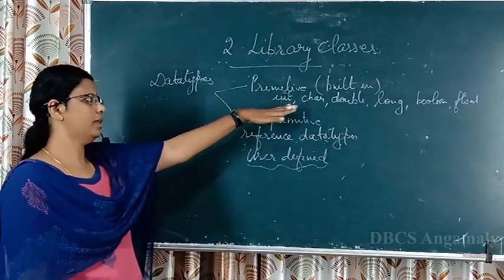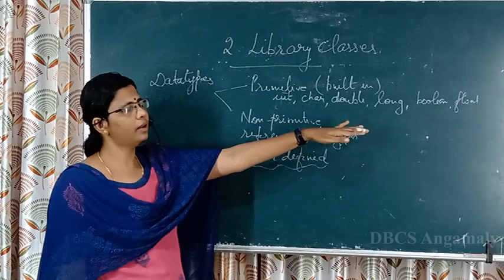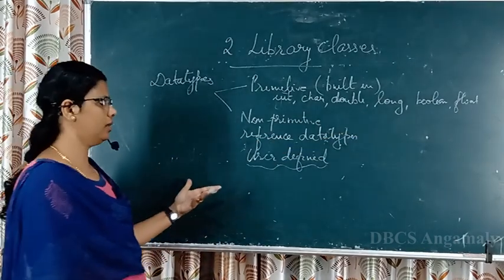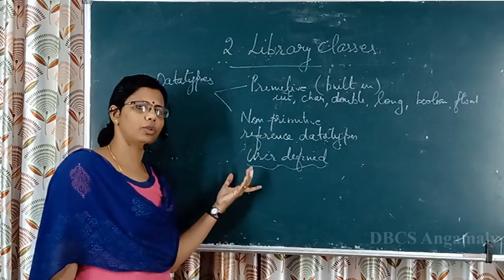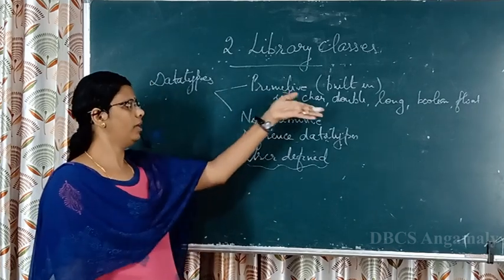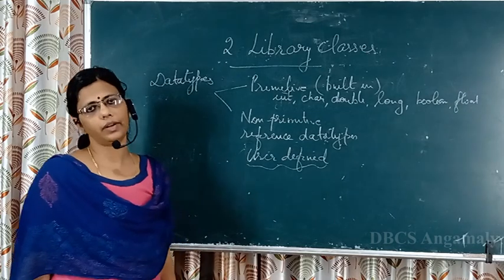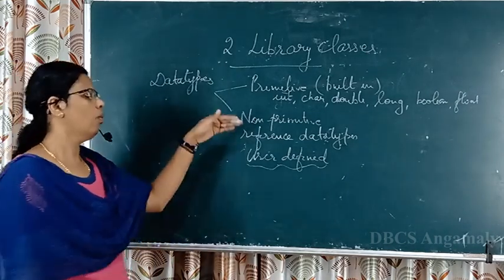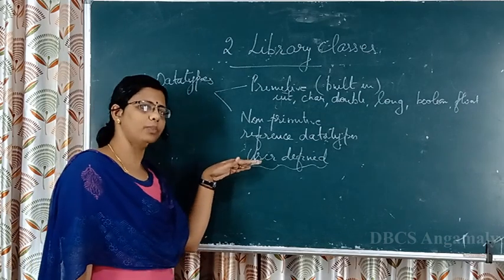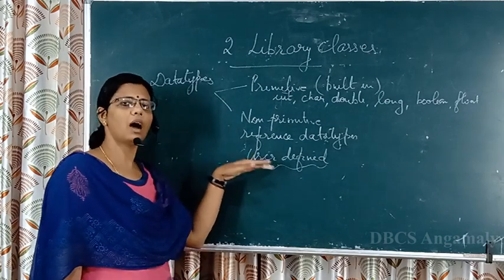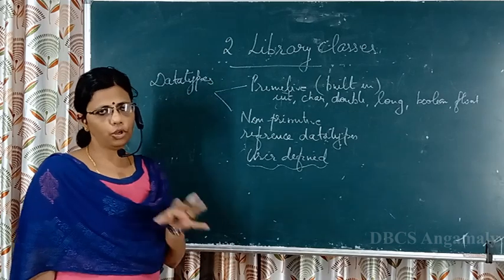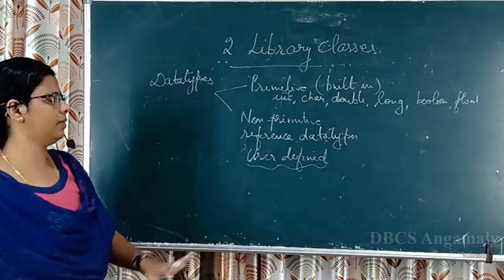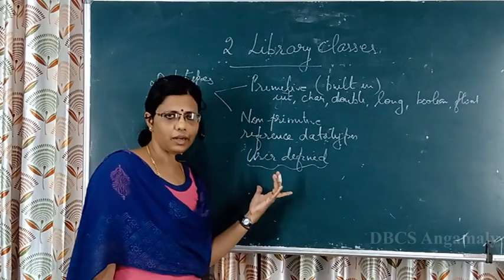Primitive data types, they are very few in number, and when we are writing code, there is a limitation that we are not able to store the data properly when we have only the primitive data types. So because of certain needs, they have given us a provision to create our own data types. The user or the coder or the programmer himself can create so many other data types.